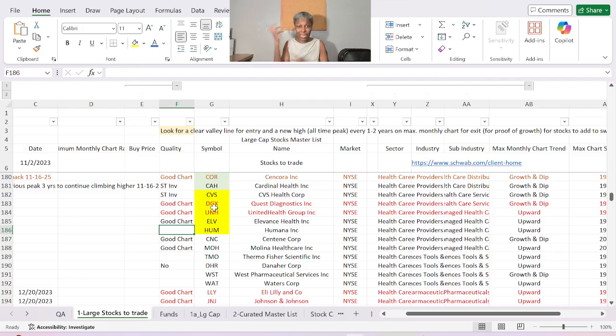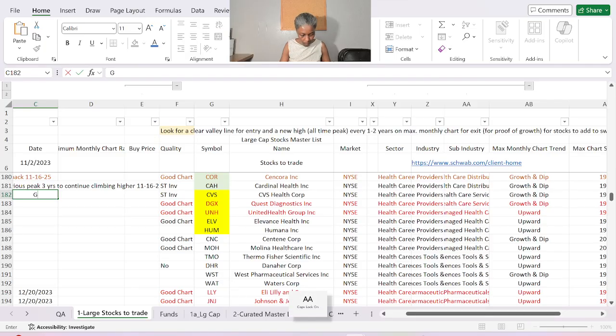But it has not a good valley, but no peak, no higher peak since 2015.